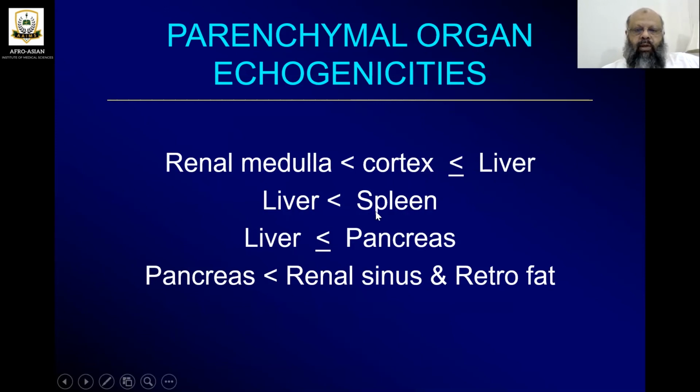The liver parenchyma is hypoechoic to spleen, and liver is also hypoechoic as compared to the pancreas. Pancreas is more hyperechoic, more whitish. Pancreas is less hypoechoic as compared to renal sinus and retrorenal fat.